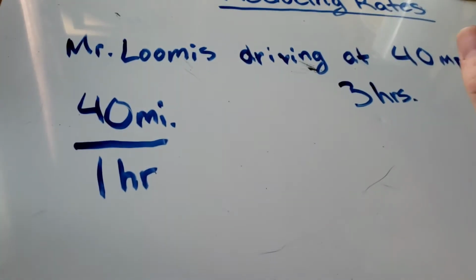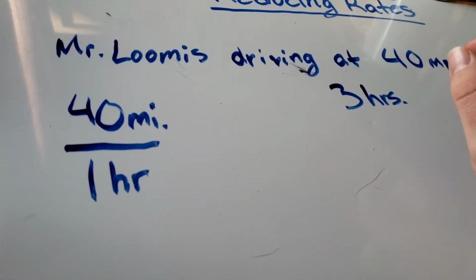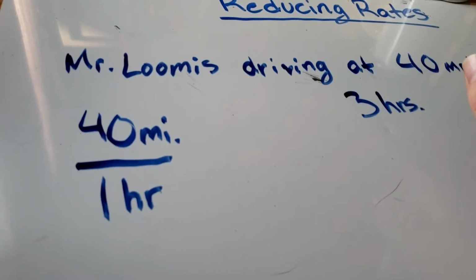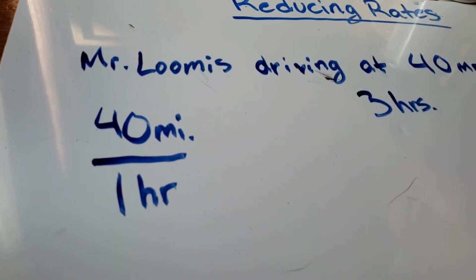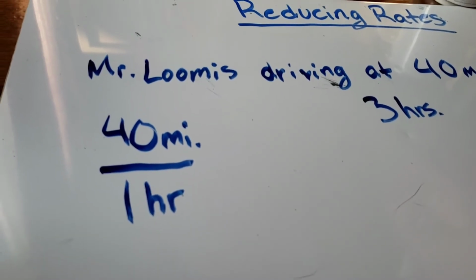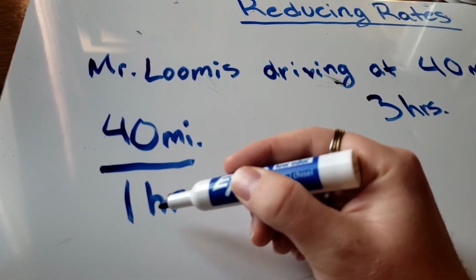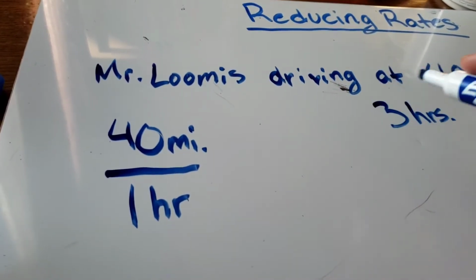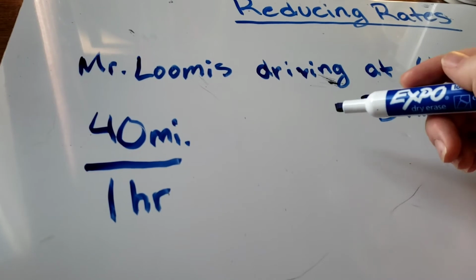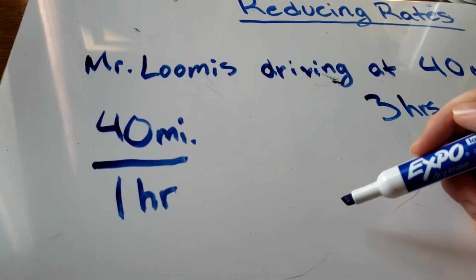So I want to know how far I will have gone in 3 hours. So I want to be left with just units of distance. So in order to do that, we need to make these hours cancel out. Remember, for something to cancel out, it has to be in opposite numerator and denominator.